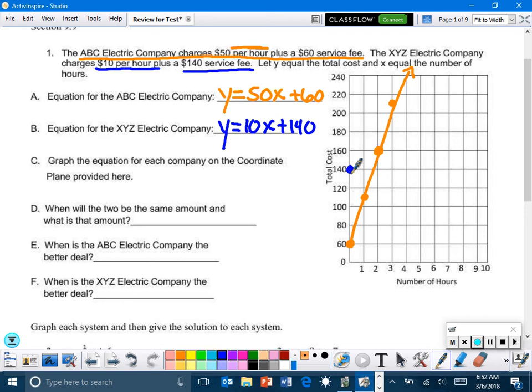Then we've got 2, 160. Then we've got 4, 180. Then we've got 6, 200. There's one more that fits pretty decent, and that would be 8, 220.